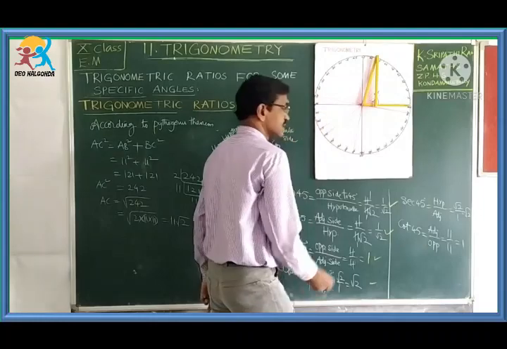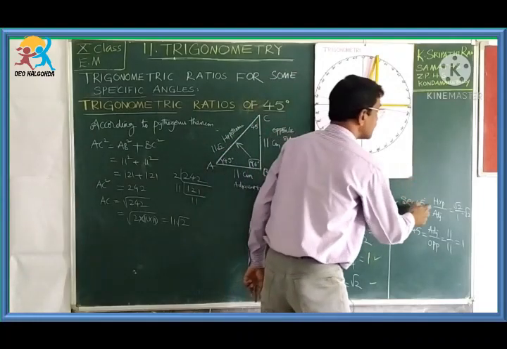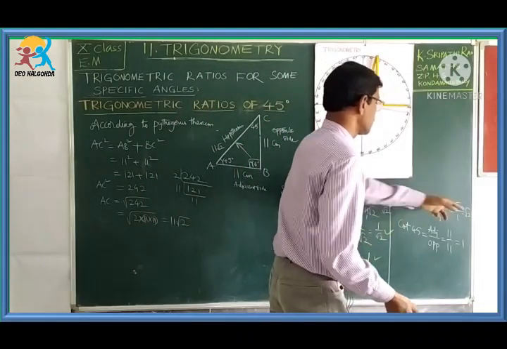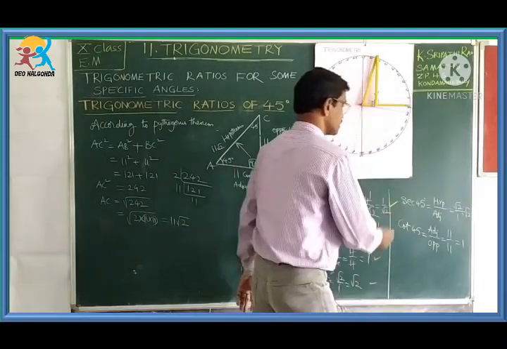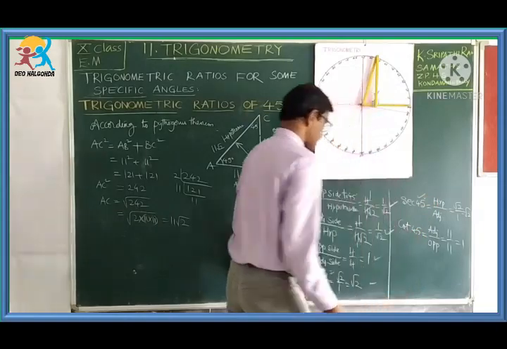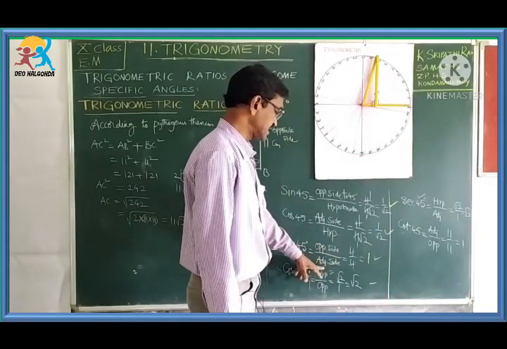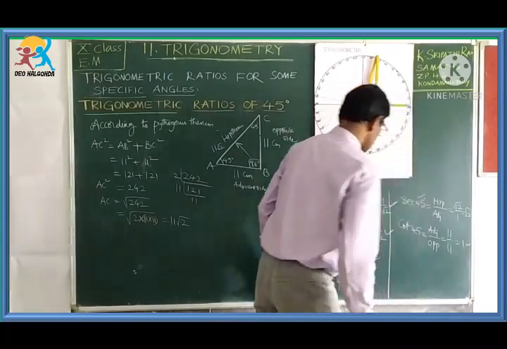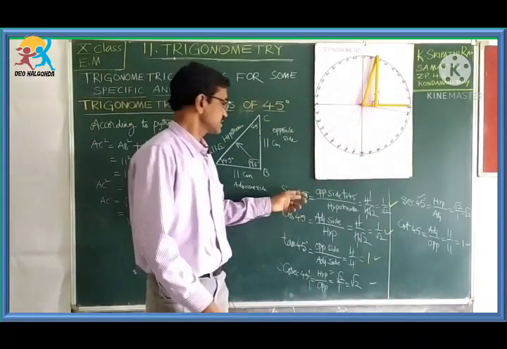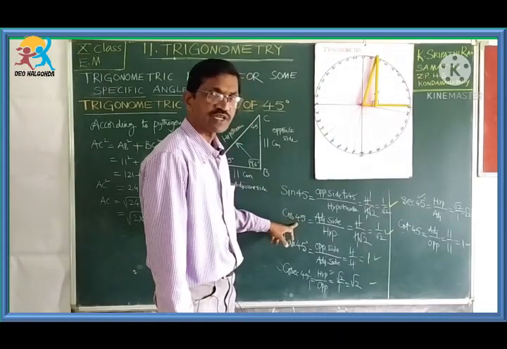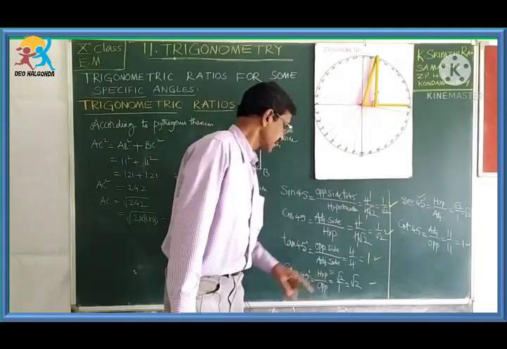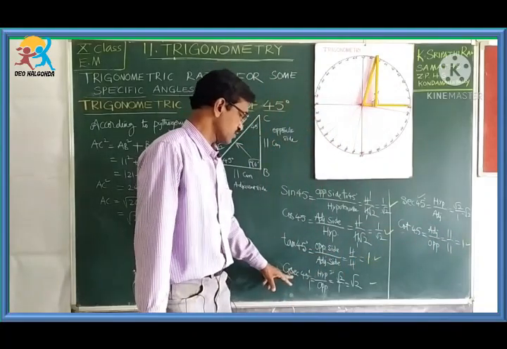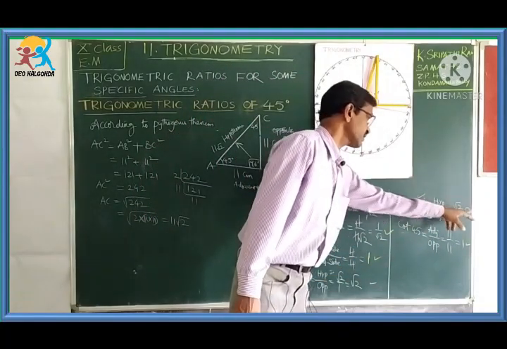Sec 45, reversing cos, we get root 2 by 1, that is equal to root 2. Next cot, the reciprocal of tan, adjacent side by opposite side, that is 11 by 11, 1. So if we observe all these, sin 45 is equal to cos 45, both are equal. Next tan 45 and cot 45 are also equal, 1 and 1. Then cosec 45 and sec 45 are also the same.